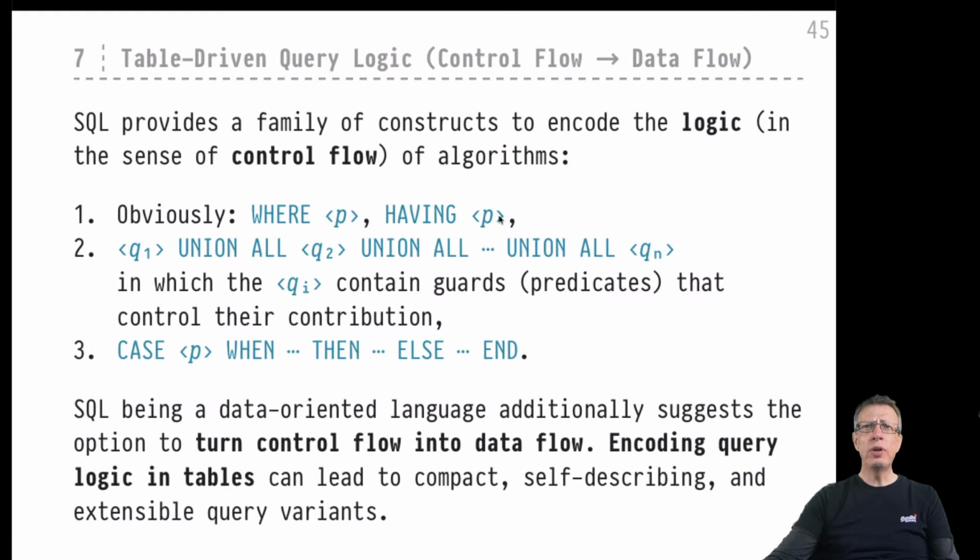All of this, the query would remain unchanged. We would just insert more rows that encode our decision in terms of data into these decision tables. I think this is a very powerful technique, and it comes up in the context of marching squares. So let's look at marching squares here.